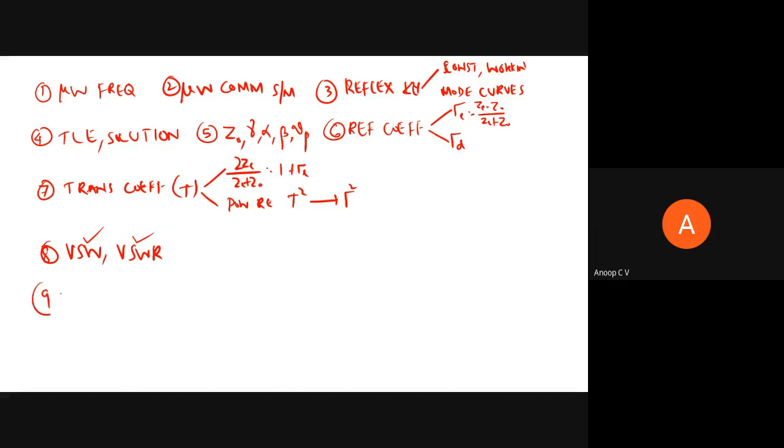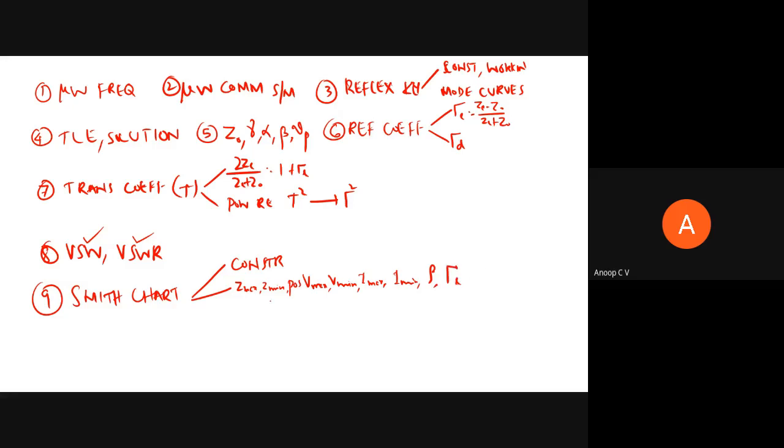Then the ninth one is Smith chart. In Smith chart, you have the construction of the Smith chart, then finding Z max, Z min, position of V max, V min, I max, I min, rho, gamma L, all these things.